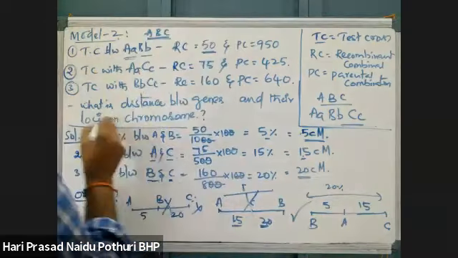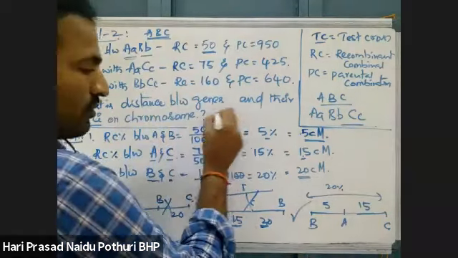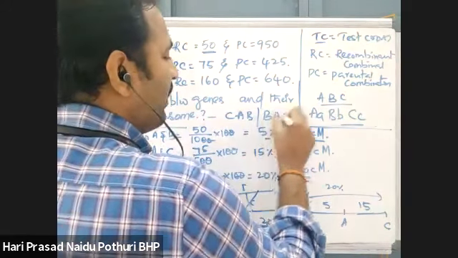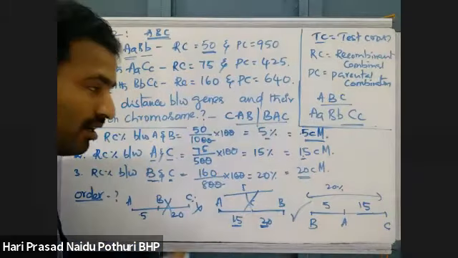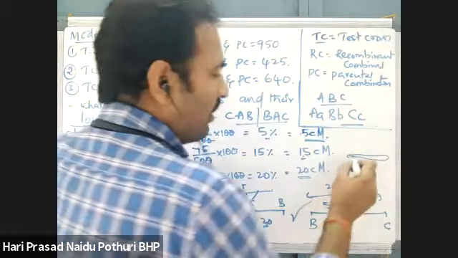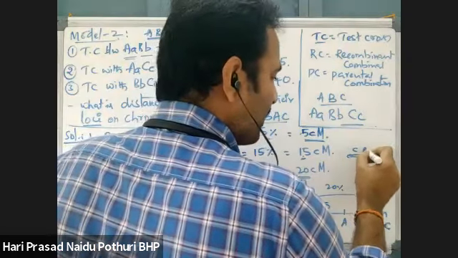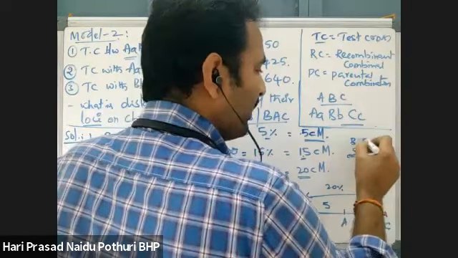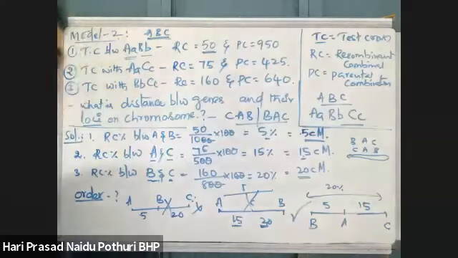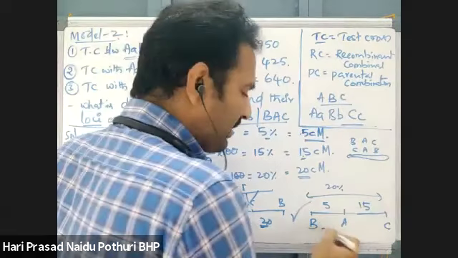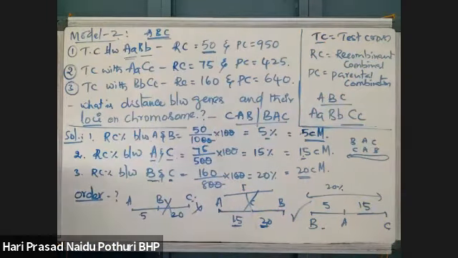So now the order of loci on the chromosome is CAB or BAC. Suppose this is a chromosome, here it may be CAB, no problem; otherwise BAC means the same result will come. The order of genes on the chromosome may be BAC or CAB.